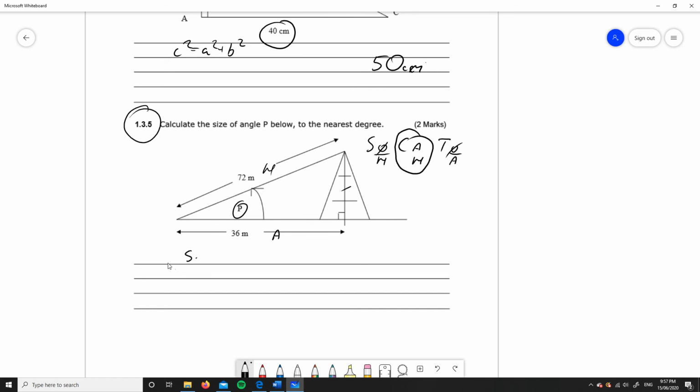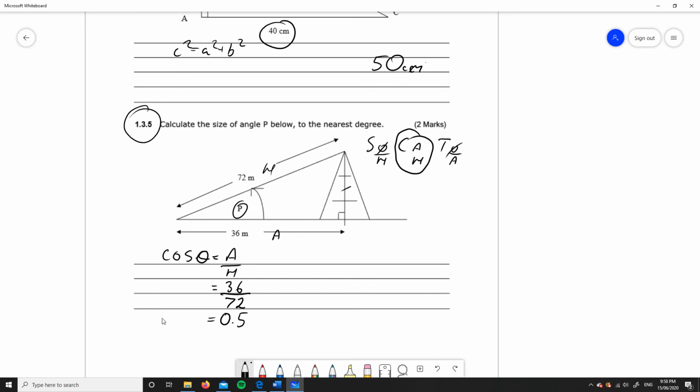So cosine theta equals adjacent over hypotenuse, which equals 36 over 72. Hopefully you can look at that relationship and just know very quickly that that's looking at half.